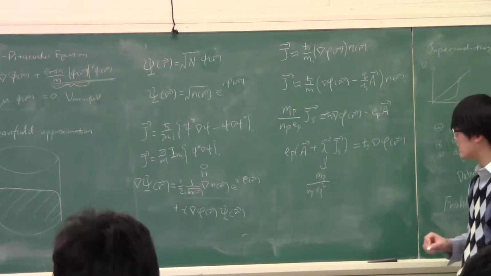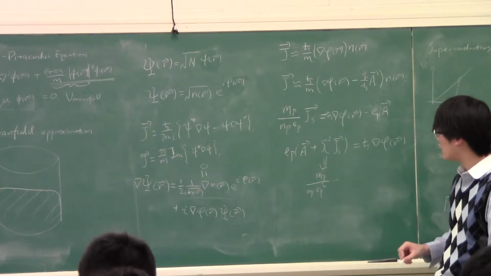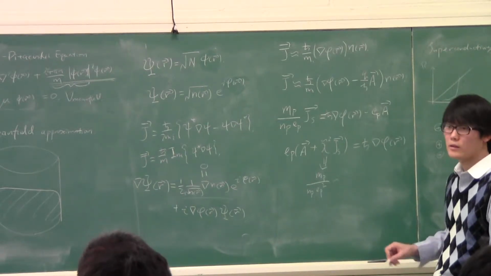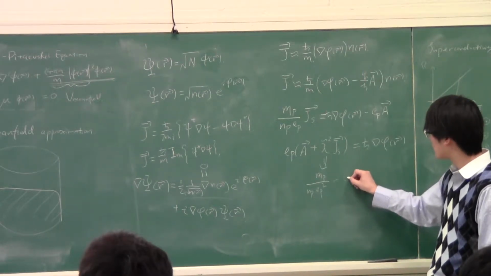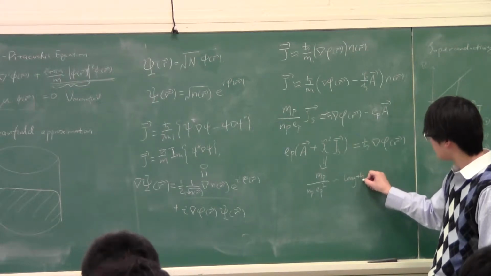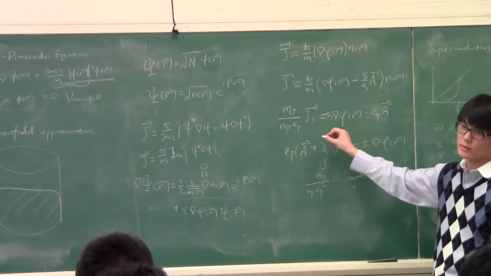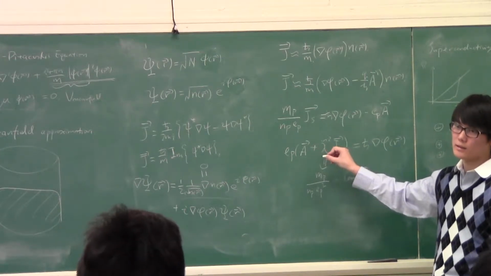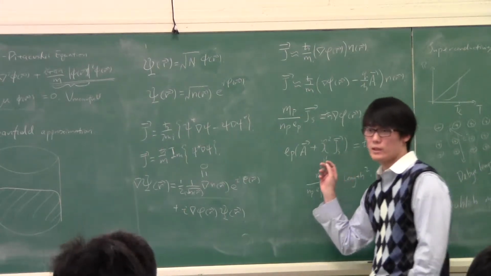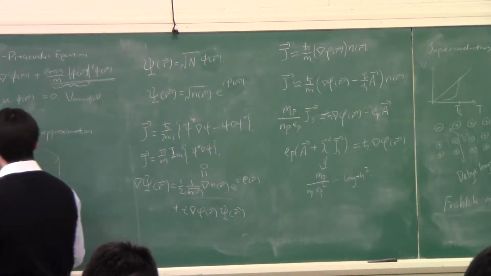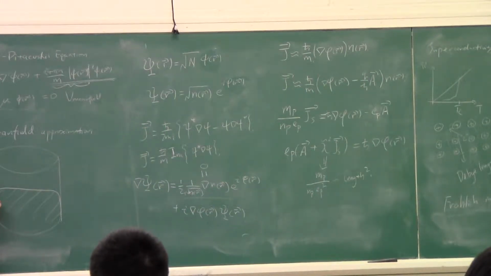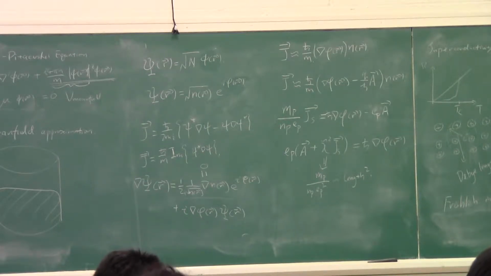You work out the units, this has units of, I believe, length. So let's wait. This lambda is some kind of a length, and this is the healing length inside of a superconductor. The physical meaning for this is precisely this distance over which the wave function is considerably different from a constant.